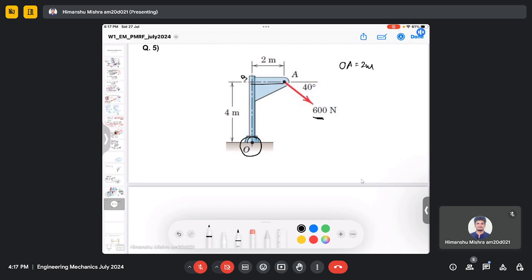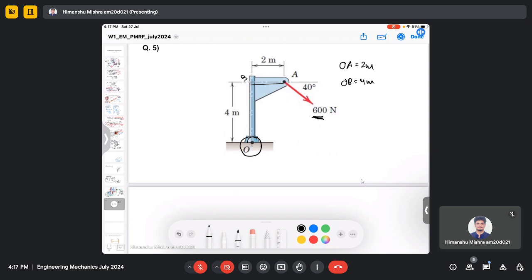and let's say this is point B. So my OB is 4 meter. Okay, so let's find the moment due to the force 600 Newton.